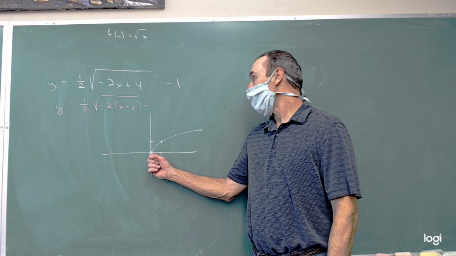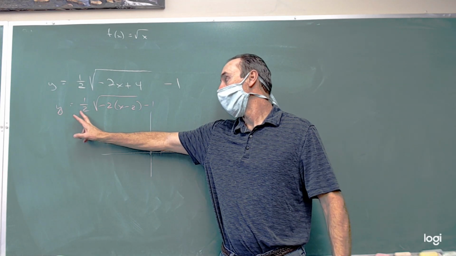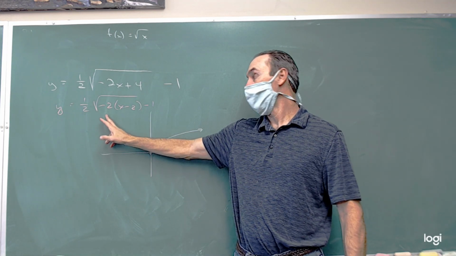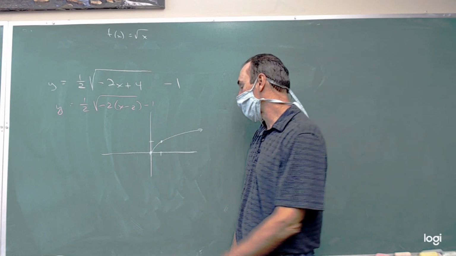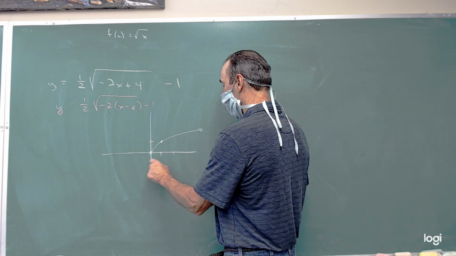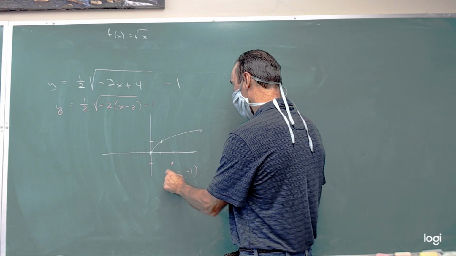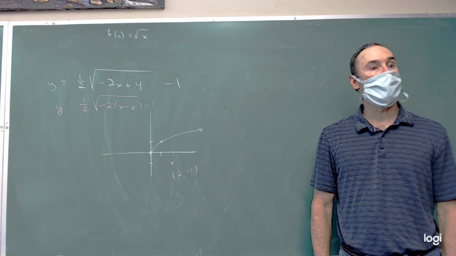So the point 0, 0 is unaffected by the vertical shrink and the horizontal shrink and reflection in the y, and so we're going to just move it to 2, negative 1. So it's going to be right here at 2, negative 1. That's where the point 0, 0 on our graph has moved.